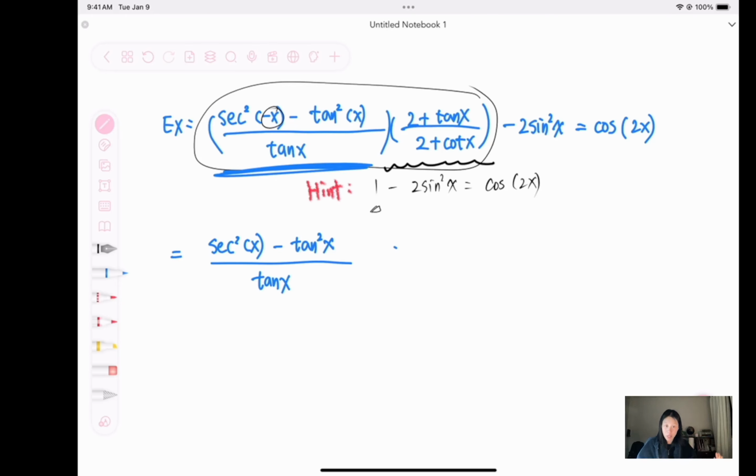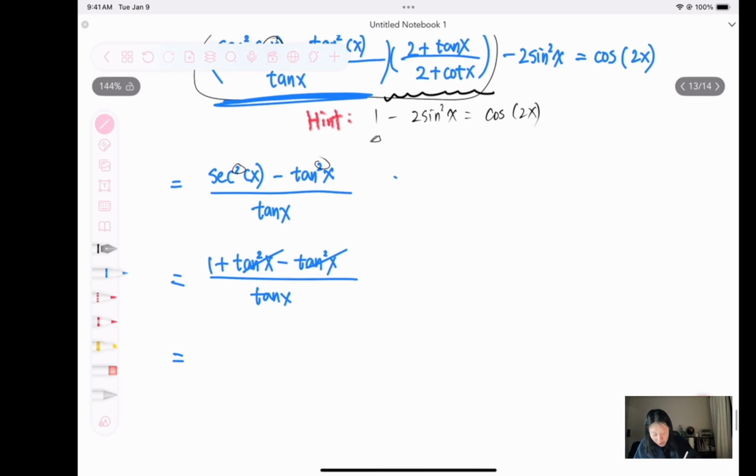And if you see square, you need to think about the Pythagorean identity. Secant square equals 1 plus tangent square. Nice. These two just got cancelled. Then we have 1 over tangent x. We're done. I think that's the simplest thing that you can get.